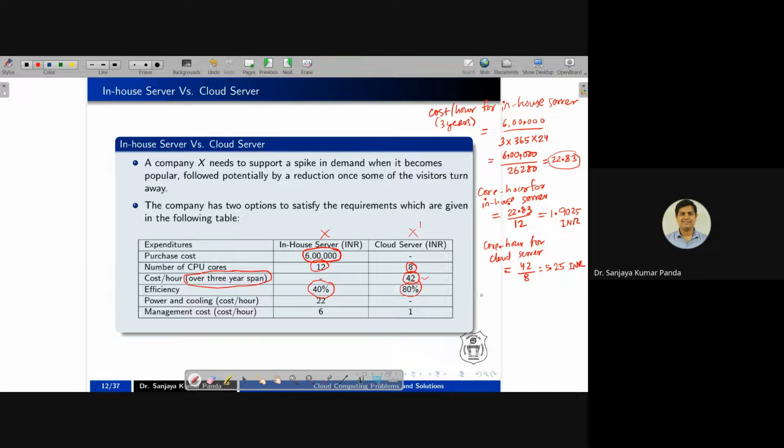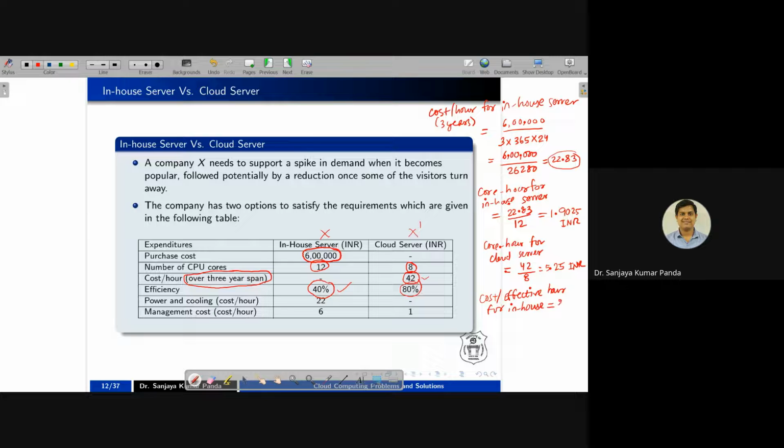So when you calculate cost per effective hour for in-house, how much are you paying? This is with respect to core, but you have to calculate with respect to system, because system efficiency is given to you, core efficiency is not given to you, right?